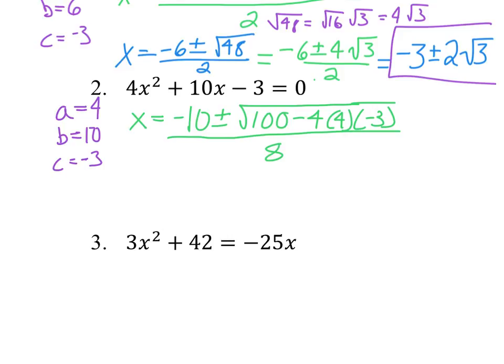And our denominator is an 8 because of the 2 times 4. Let's see, 4 times 4 times 3, however you want to think about that, 16 times 3 or 12 times 4, it turns out to be 48. So we'd be looking at the negative 10 plus or minus the square root of 148 over 8, because we add the 48 and the 100 together.